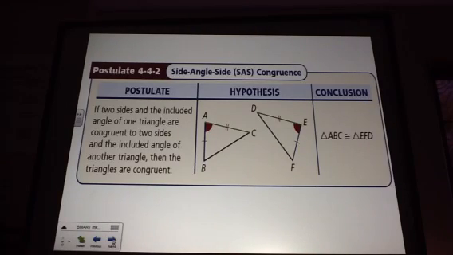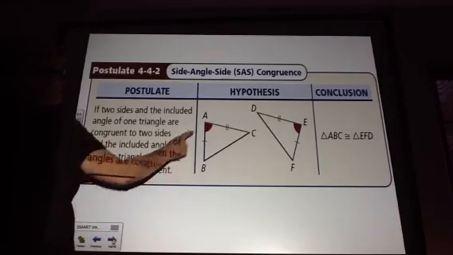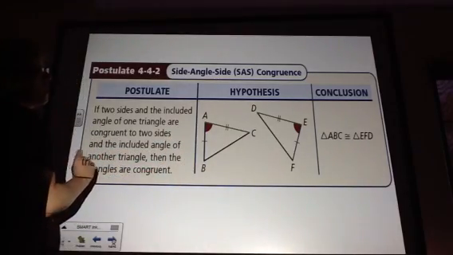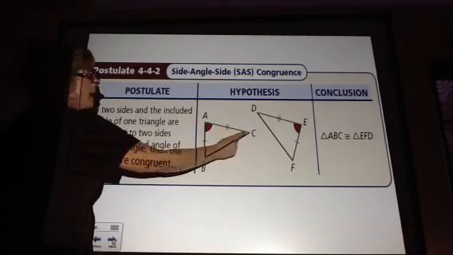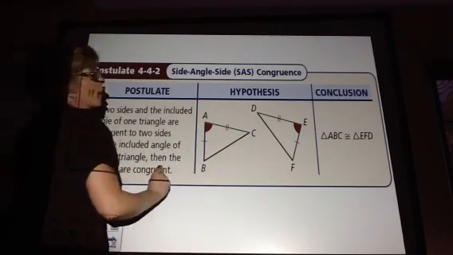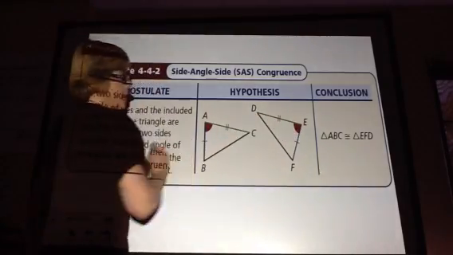Next, postulate side, angle, side. If two sides and the included angle of one triangle are congruent to two sides and the included angle of the other triangle, then the triangles are congruent. What we have here is segment AB congruent to segment EF. We have segment AC congruent to ED.